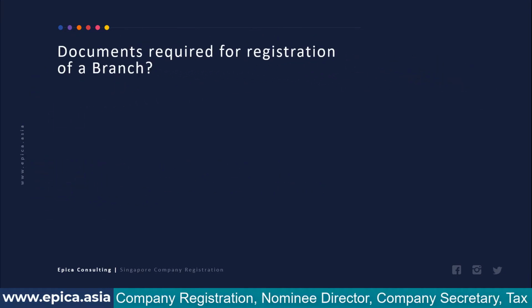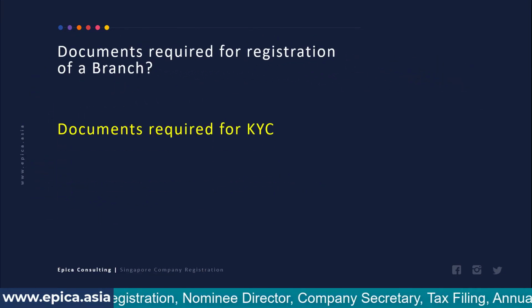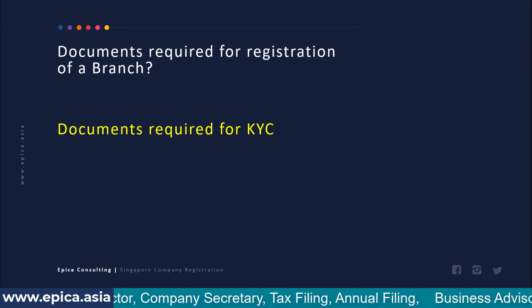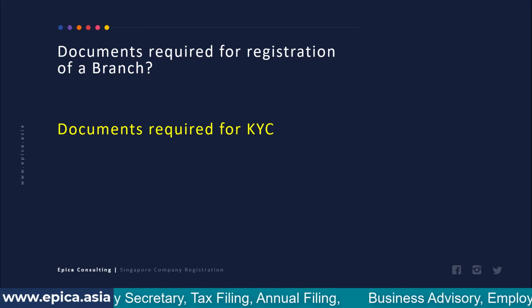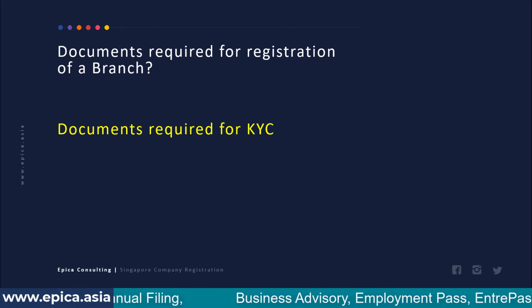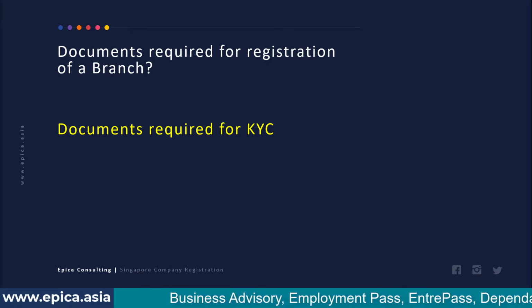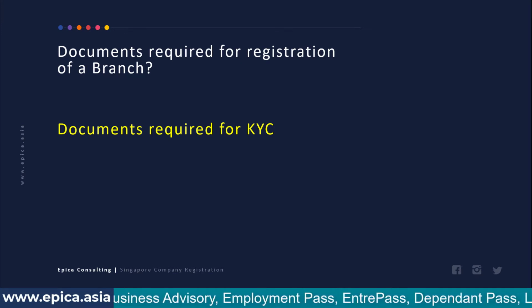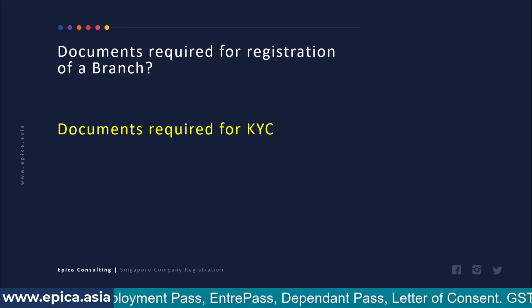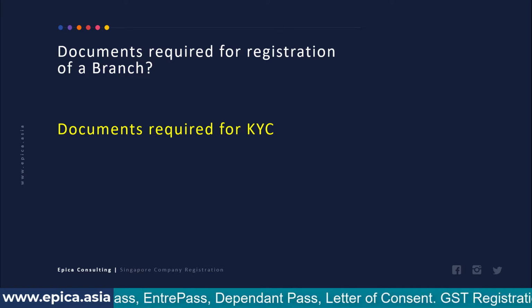The documents required for registration of a branch are of two types. The first set of documents is required for KYC or CDD, customer due diligence. What that means is the Accounting and Corporate Regulatory Authority makes it mandatory that we collect certain specific documents about the client before we can provide you the services.